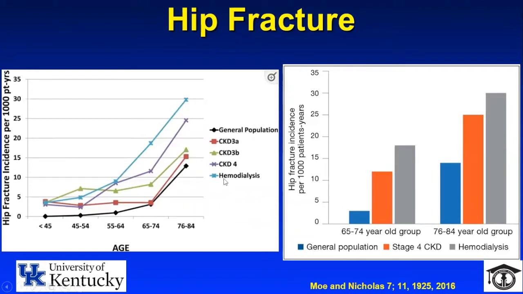Our dialysis patients usually have about an 8-fold increased risk of hip fracture, major fractures, and atraumatic fracture.